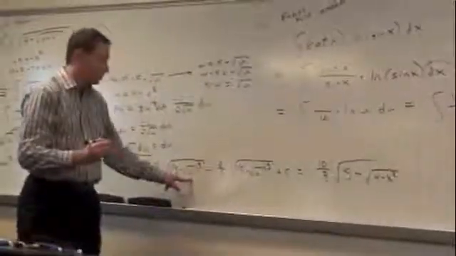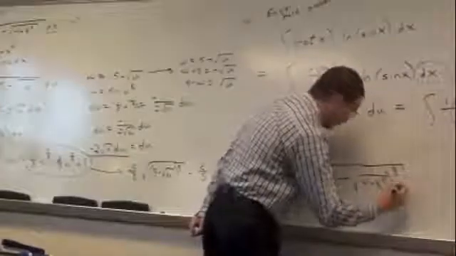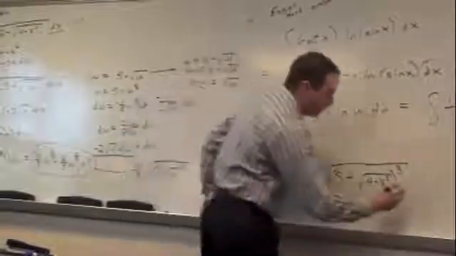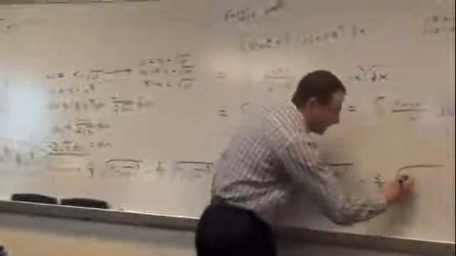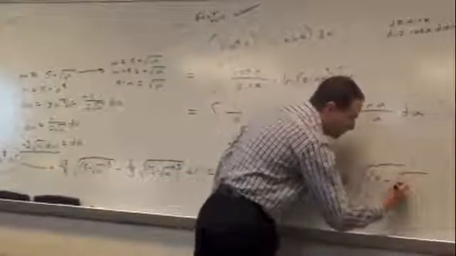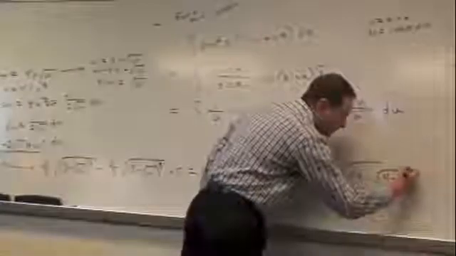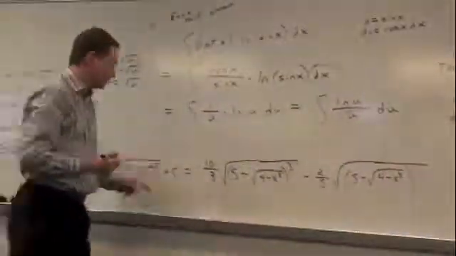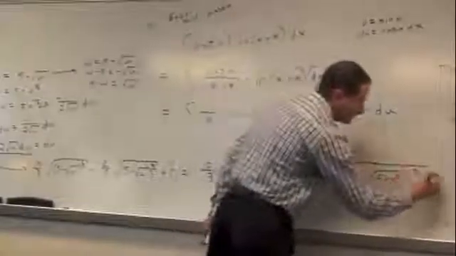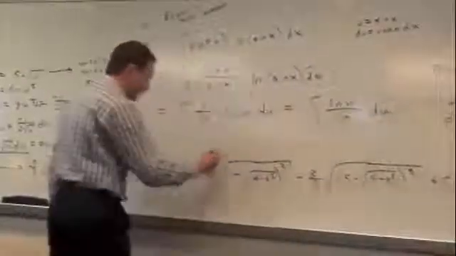And it's that group cubed. And then we know it's minus 2/5, the square root of the same group, 5 minus the square root of 4 minus x squared. And this time, the quantity is to the 5th. That would be our original problem.